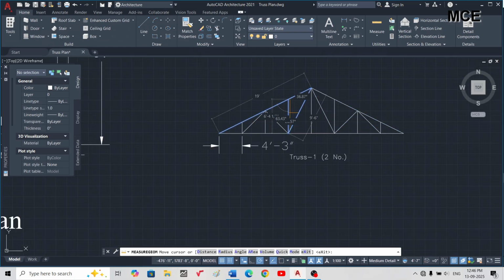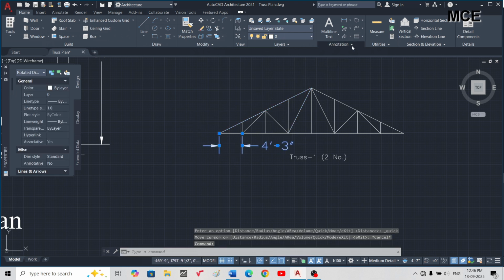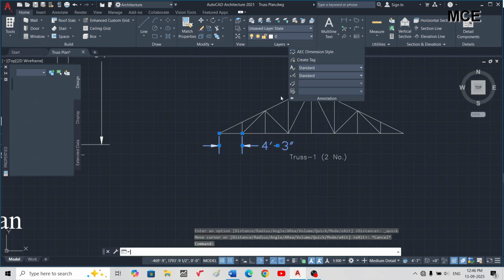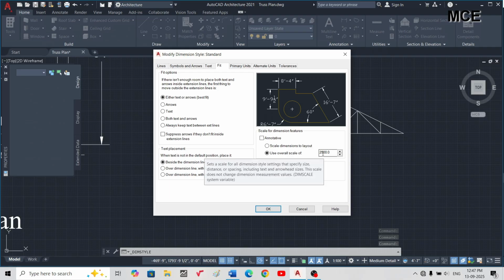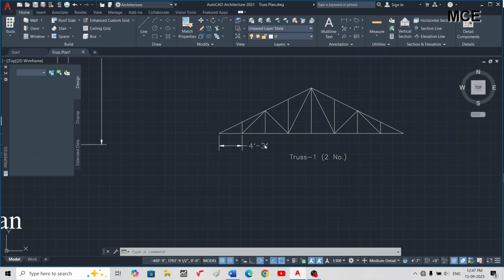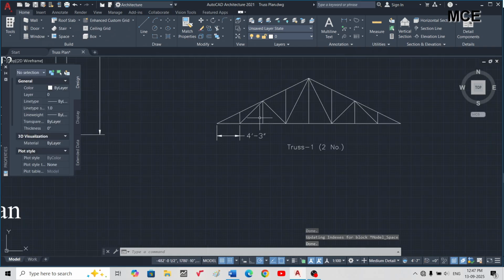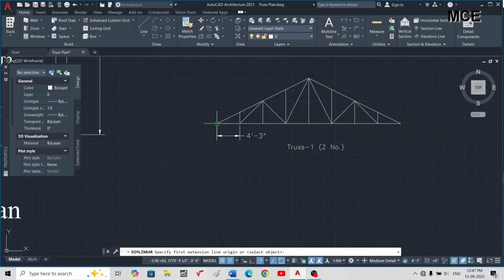Okay, let us decrease the scale for this. So this is 4 feet. You can also show the length of the rafter on this.